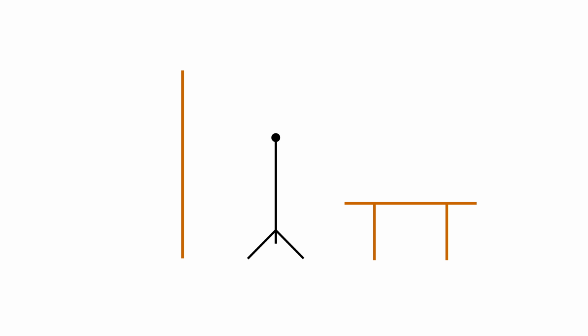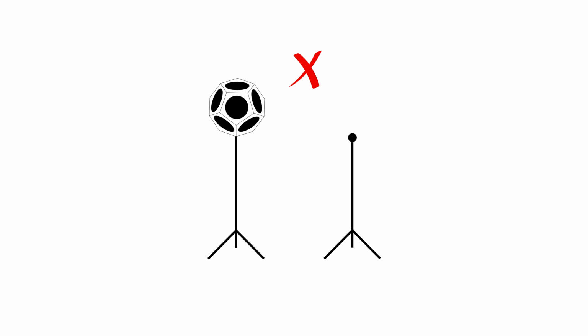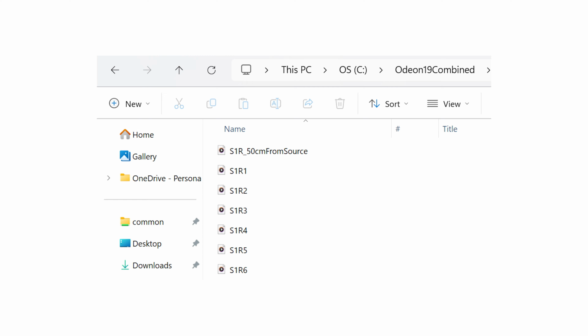The distance of any microphone position to the nearest reflection surface should be at least 1 meter. No microphone position should be very close to the source. We recommend at least 6 measurements with different combinations of source-receiver positions. You can make up to 12 for high precision.